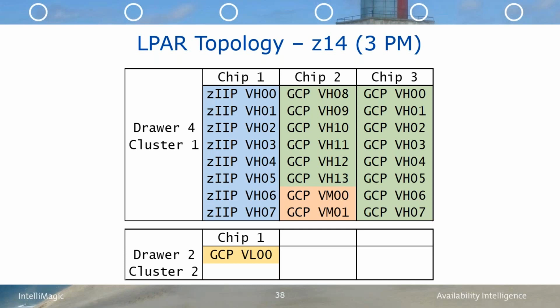But again, all the GCP, vertical highs and vertical mediums, are still co-located in close proximity. Again, same drawer, same level 3 cache. Only the home location of the vertical low is elsewhere, but vertical lows can be dispatched anywhere based on the location of the donor LPAR. And in any case, it's likely to represent a very small workload.